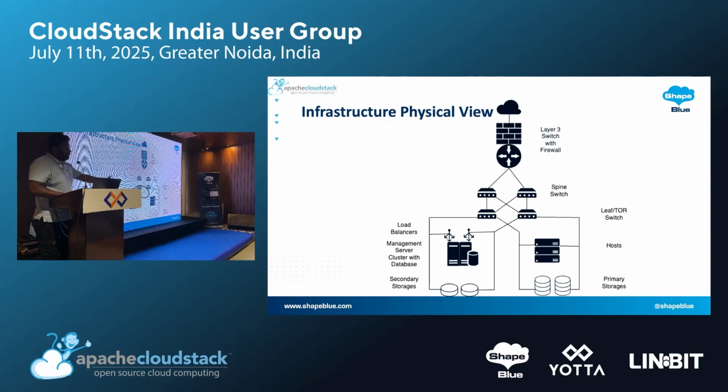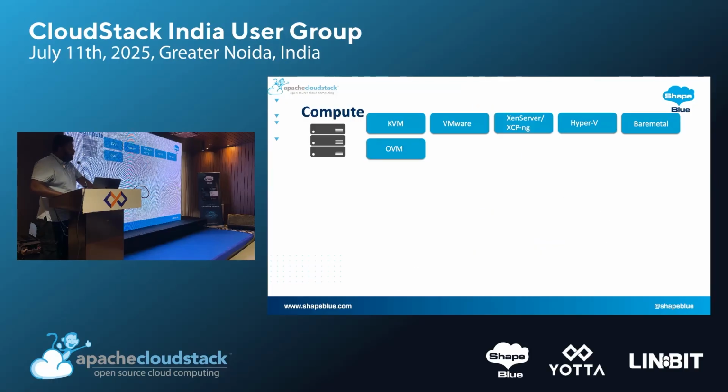Again, this is the physical infrastructure view of a typical CloudStack installation. And for compute, I said the example is with KVM. You have multiple options here. You can use KVM, you can use VMware, you can use XenServer and XCP-ng.